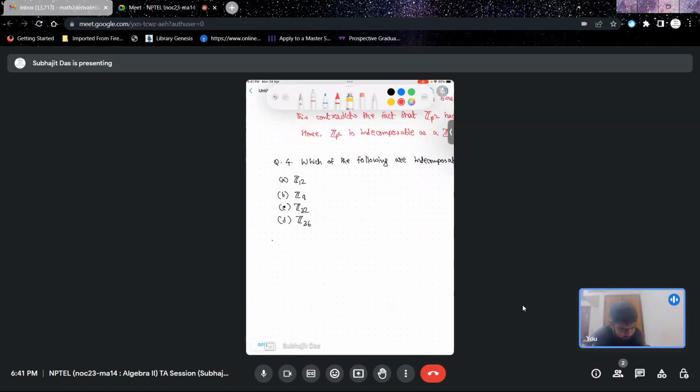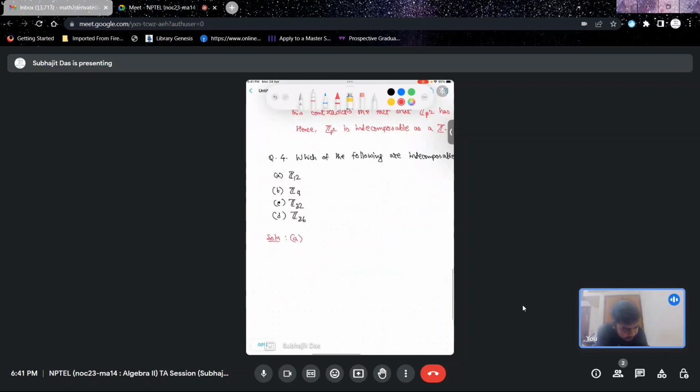So this is very easy. I mean, solution. Observe that option A is not correct. Z12 will be decomposable. Z12 is actually isomorphic to, or can be written as, Z3 direct sum Z4, right?